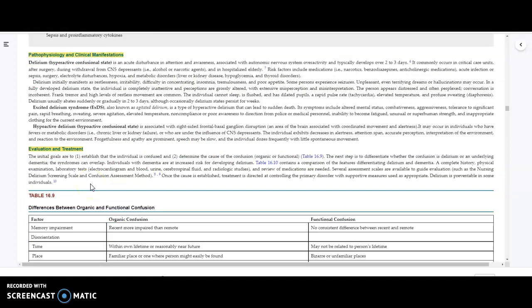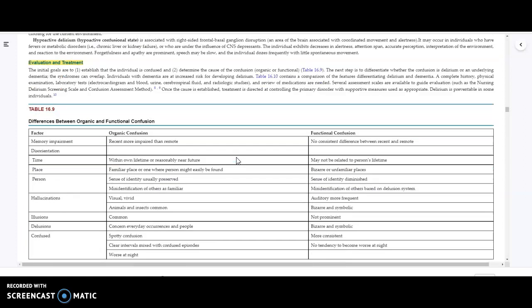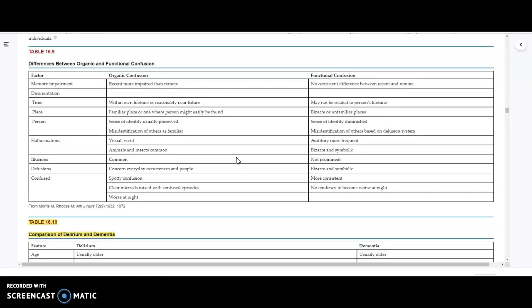Going down to treatment, we're going to first try to figure out why they're confused, why we're seeing this confused state, and then figure out if it's organic or functional, which is down here on this table: organic in the brain, or functional if something caused it. Then we try to see if we can fix the underlying reason why they've got it. If it's an organic state, we can't fix it, then it's something that's going to continue to get worse.